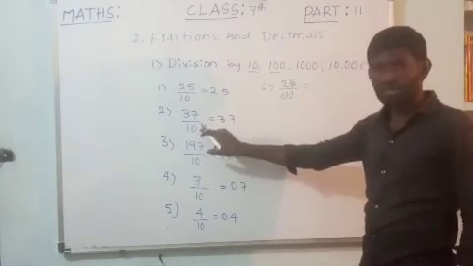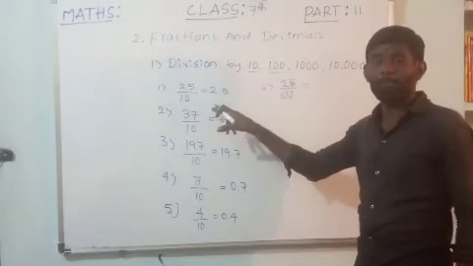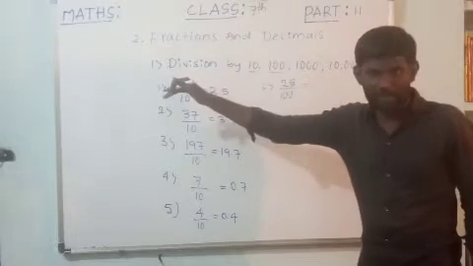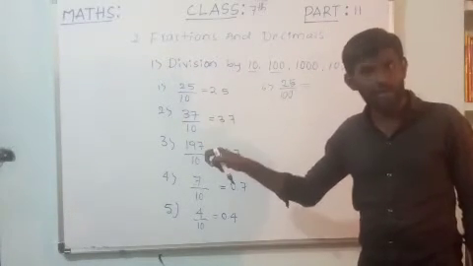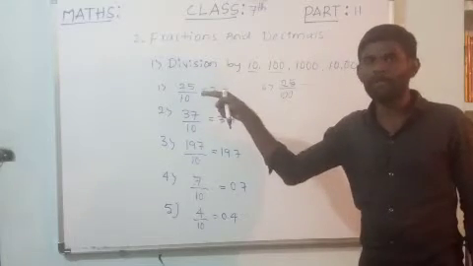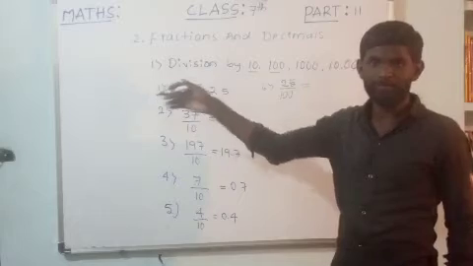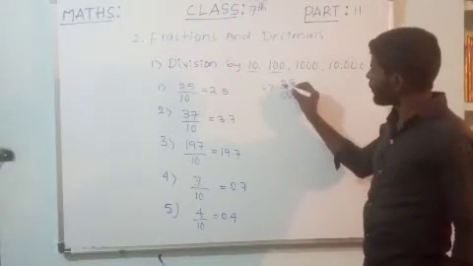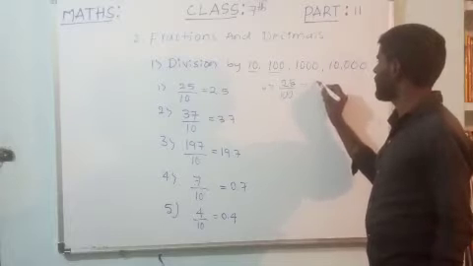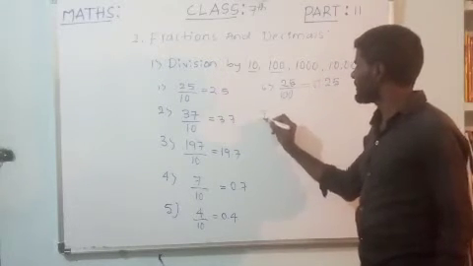When only 10 is present in the denominator, you give the decimal point after one place in the numerator. Here two zeros are there, so 1, 2 decimal places, 0.25.